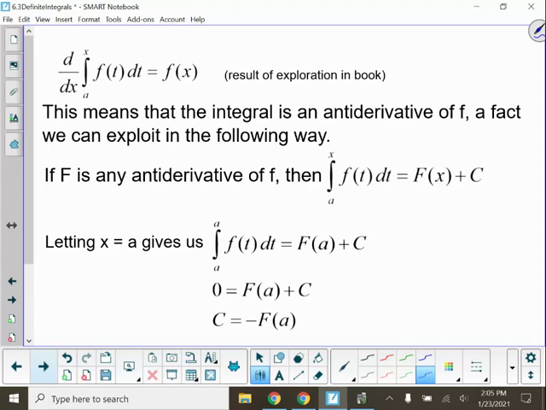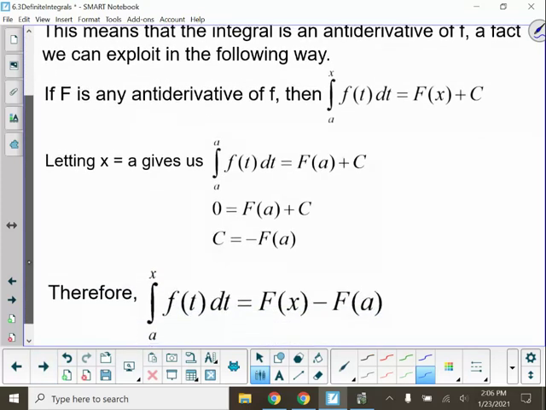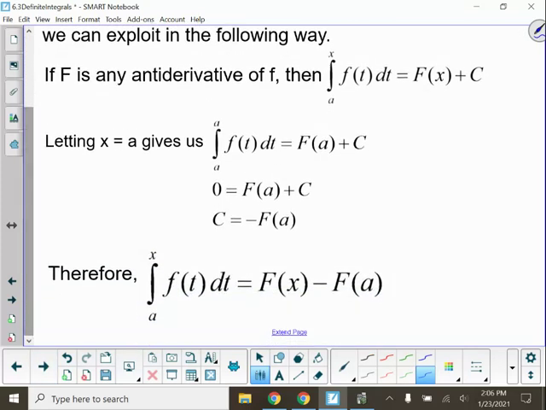We know that 0 would have to equal F of a plus c, and that means our constant value has to be the negative of F of a. Which means that the integral from a to x of my lowercase f of t dt is equal to capital F of x minus capital F of a.